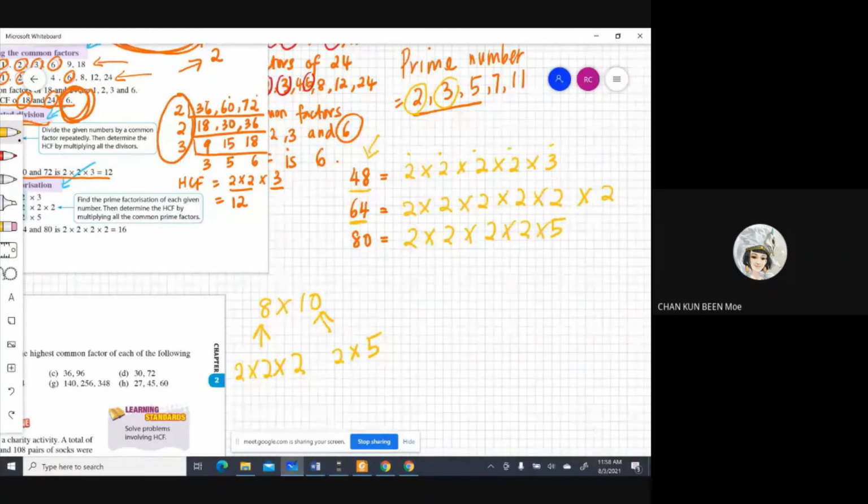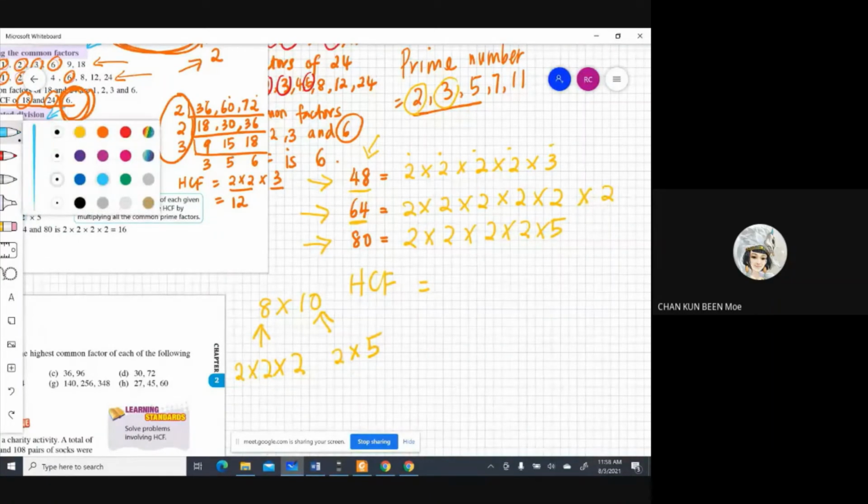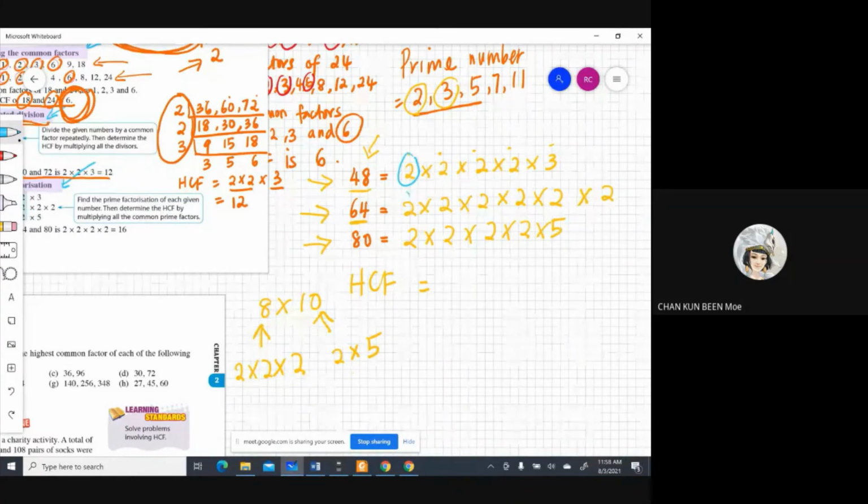Now how do we get the highest common factor? We get it by finding all the numbers that are the same for all these three. So you have to make sure you have all the numbers which appear in all three numbers here. 2 appears, 2 appears, in a straight line, and you must find that all of it appears together.